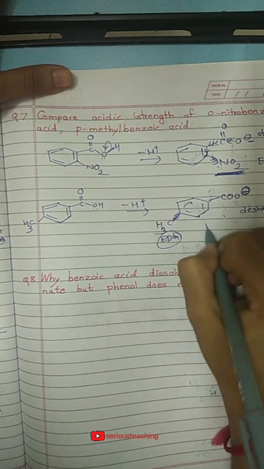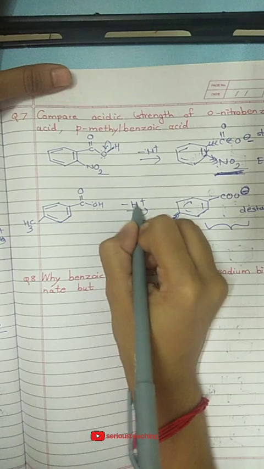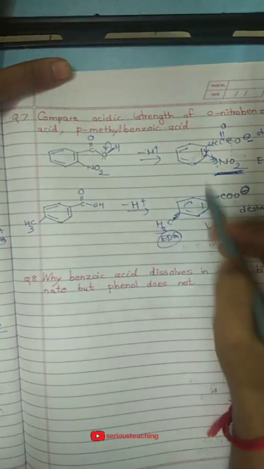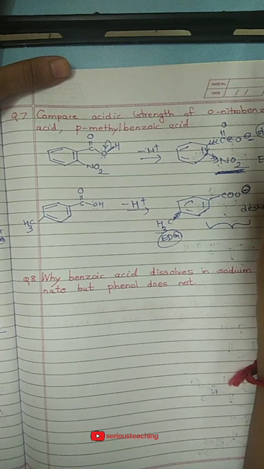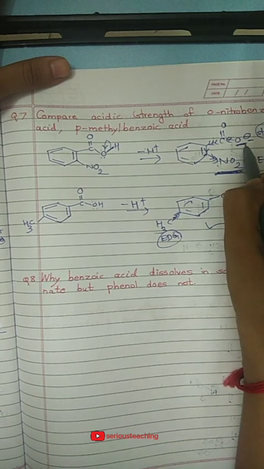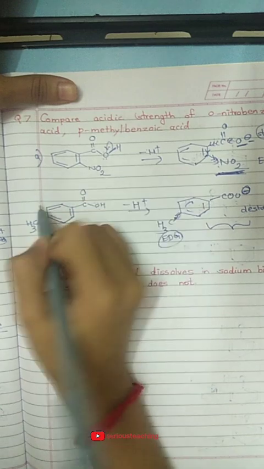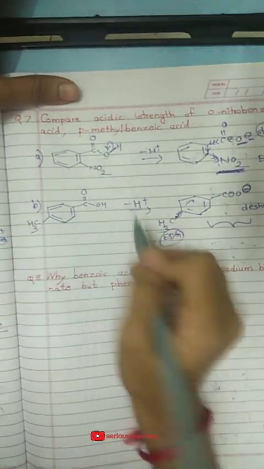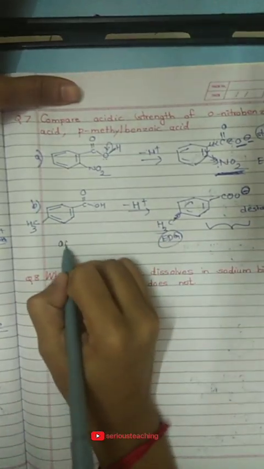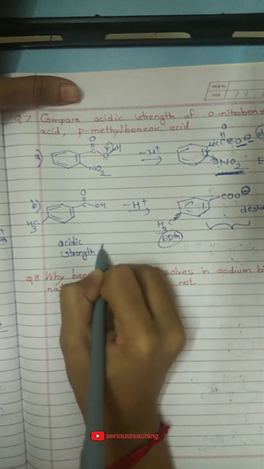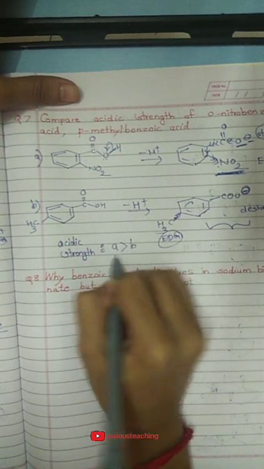And if this anion is not stable, it will not lose H plus easily. Therefore, when you compare the acidic strength of both compounds, the stabilized anion is more favorable. Therefore, the first compound, that is compound A, will be more acidic and B will be less acidic. So I hope you understood this. Acidic strength: A will be more acidic than B.